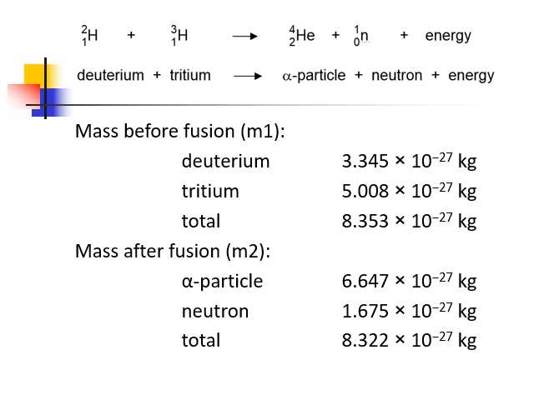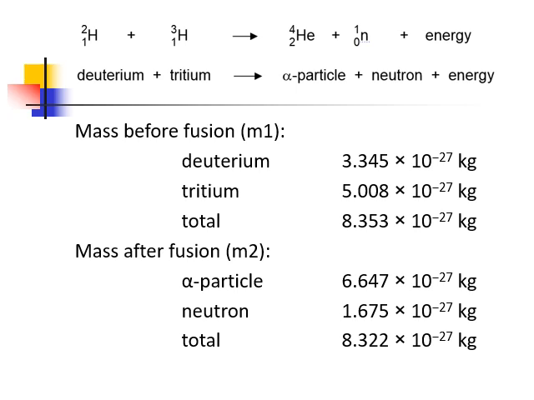So if we're going to work out how much energy is produced by the reaction, we do the same process as before. We look up the masses of the products. So we've got a mass for the hydrogen 2, the deuterium, or the hydrogen 3, the tritium, and we've got one of each of those, so we add those two up together to get our mass before, M1, and then we look at the mass afterwards.